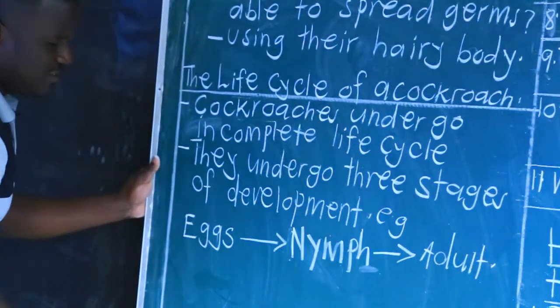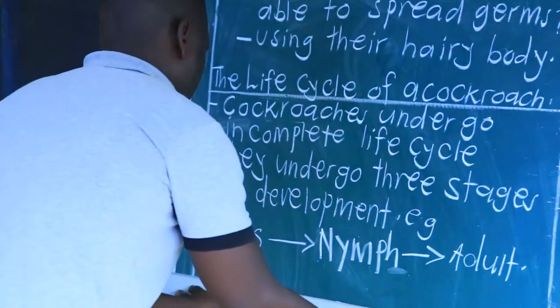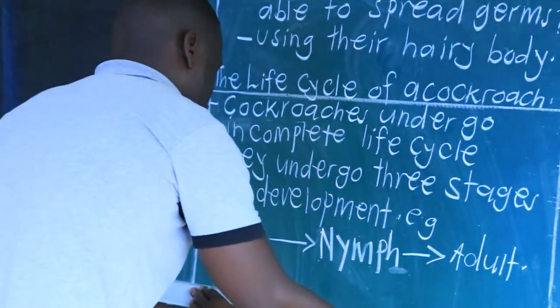Next, we look at structural differences between an adult cockroach and a nymph.